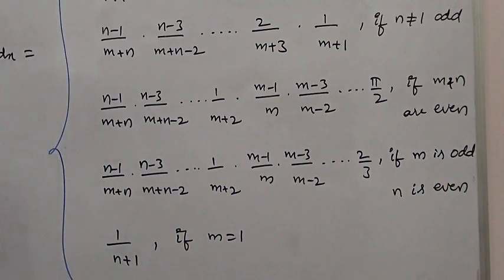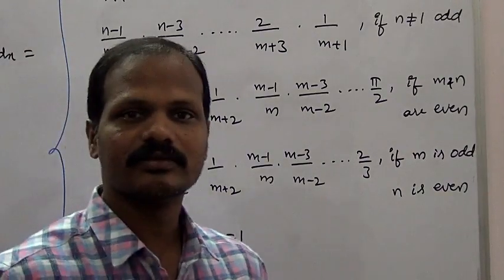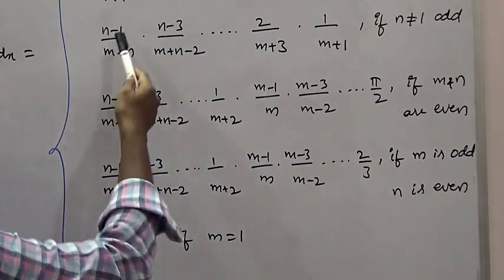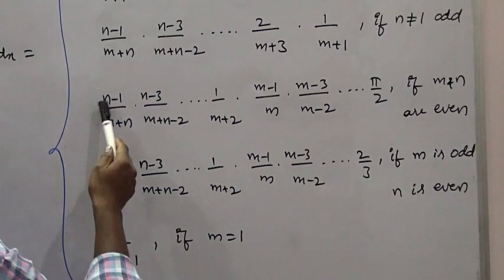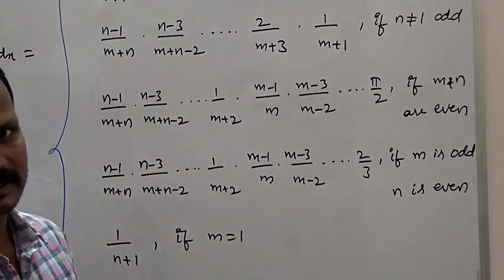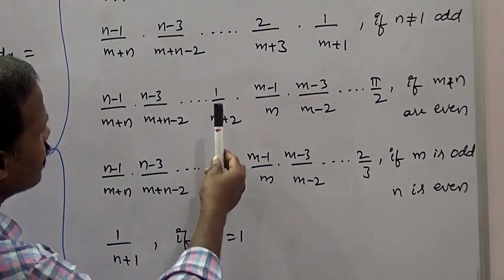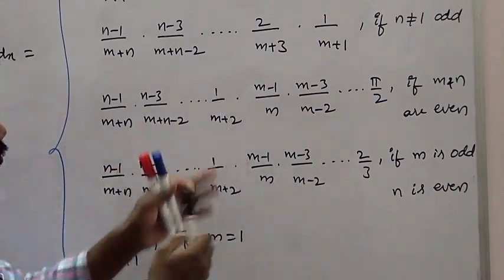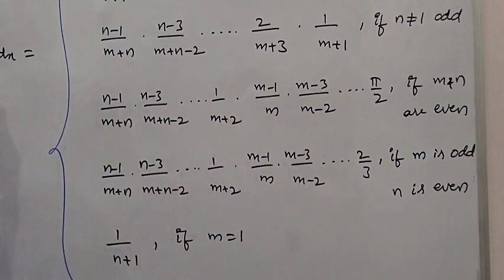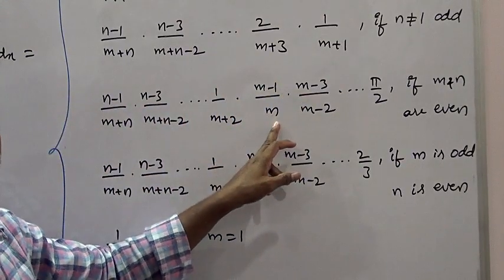Now suppose m and n both are even. Start the same reduction, that is n minus 1 by m plus n, subtracting 2 in numerator and denominator successively. Once you stop this reduction, then start reduction for m, that is m minus 1 by m.